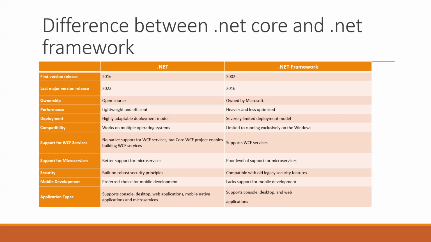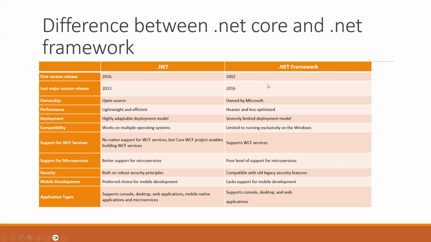So after .NET 5 there is no concept of .NET Core and Framework. It is .NET only. The first version of .NET Core was released in 2016, and .NET Framework in 2002, and the last major version released for .NET Framework was in 2016.